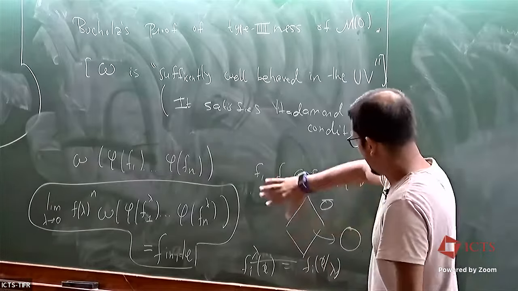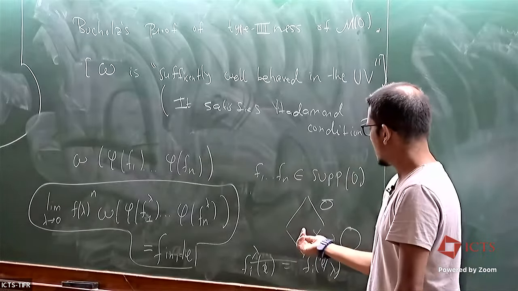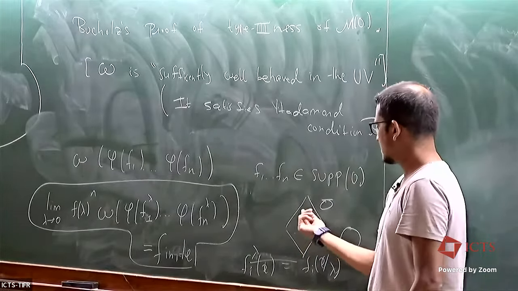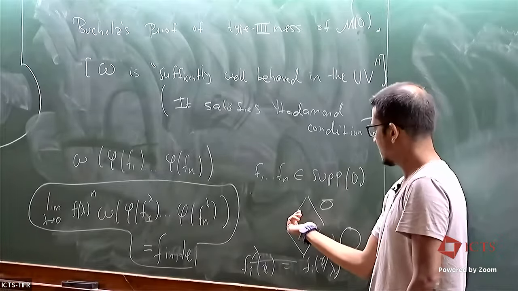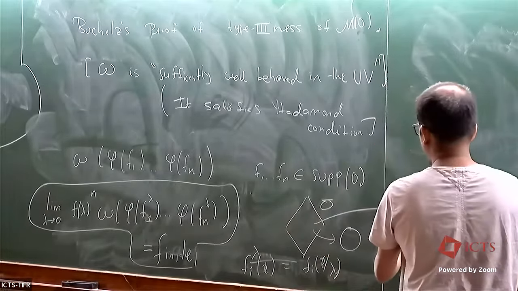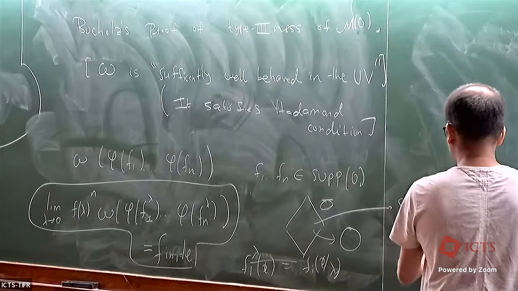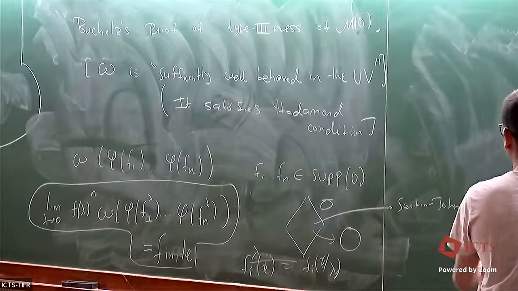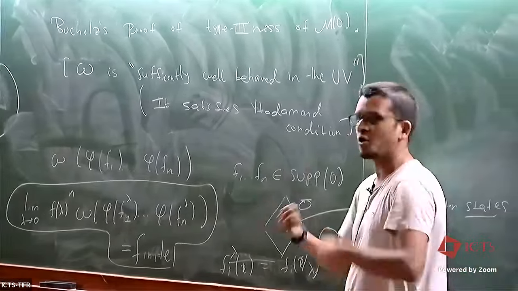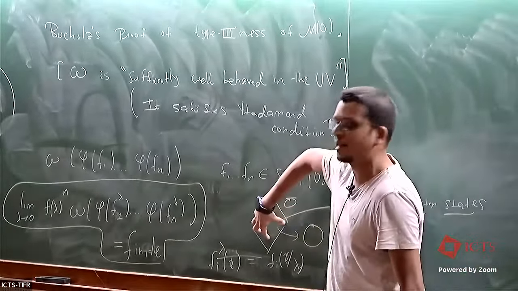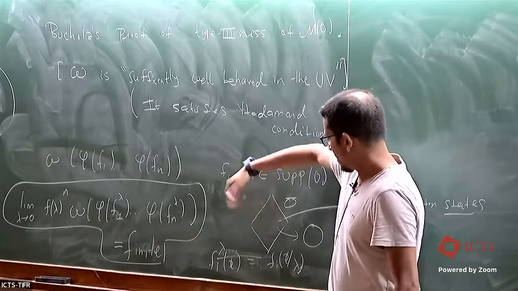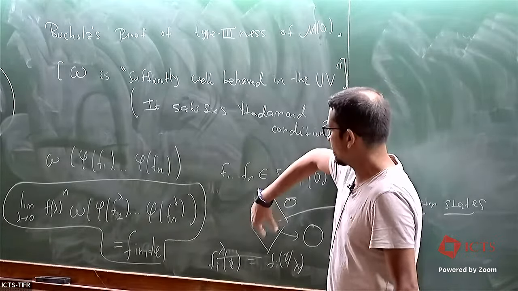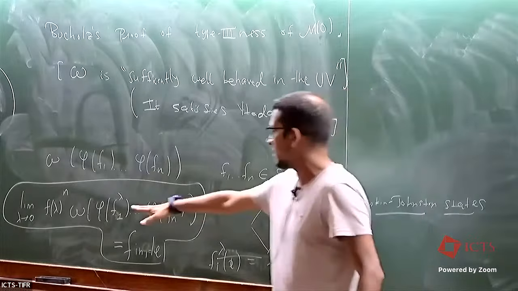So recently, a group of people came up with some supposedly localized states inside these light-like regions. They are called Sorkin-Johnston states. And they were not using AQFT or anything. They just said that, look, using some causality property, I can define states which are localized inside any finite region. And it was later proved by algebraic quantum field theory people that they precisely violate this regularity condition.